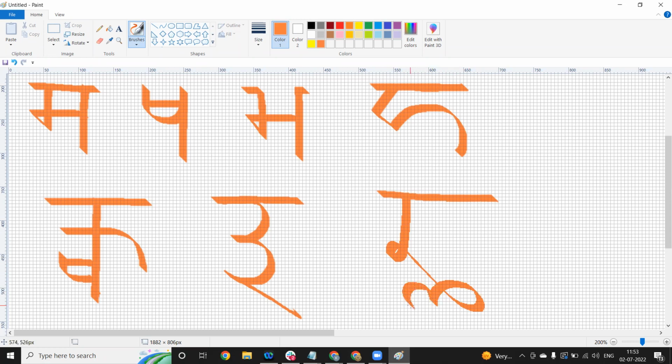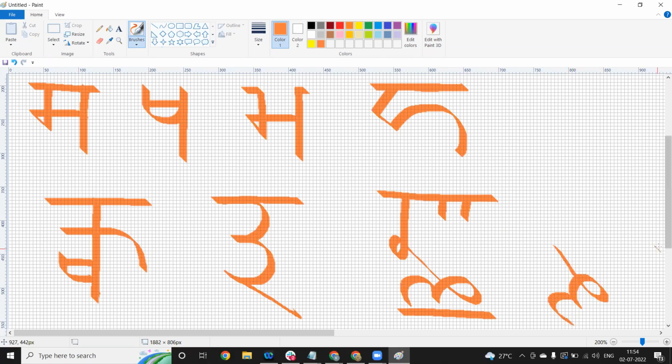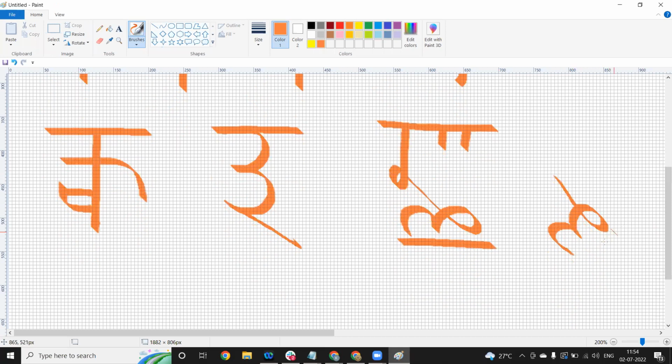You can directly join this r at the end here, or, for the ease of writing, you can first write j and then draw this r at the end. The only thing to keep in mind while drawing this letter is that this r should be in a straight line and should not go like this, because many times we have seen students writing it like this. Avoid writing it like this. It should come in a straight line like this.